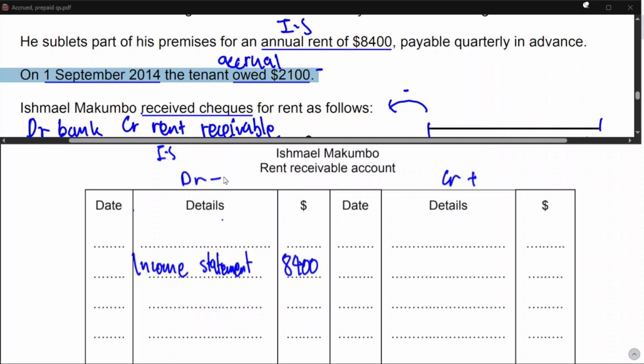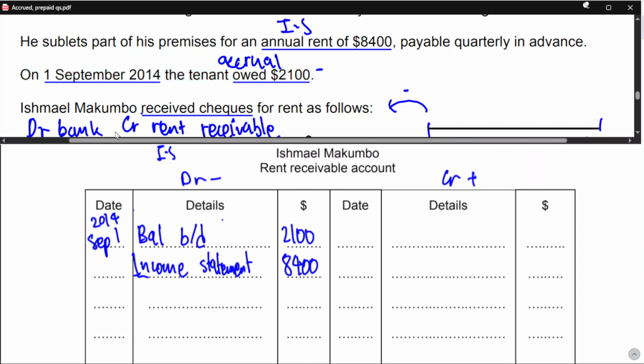This one is 1 September, the first day, so it's balance BD. For the income statement, the last day will be 2015 October 1.